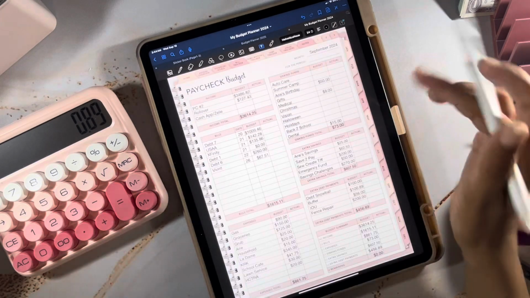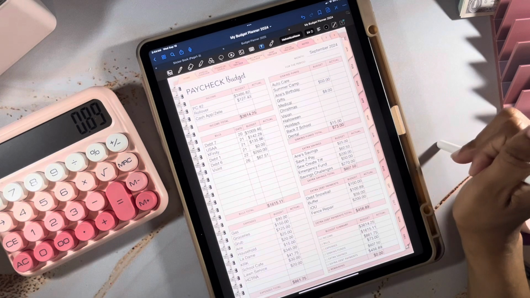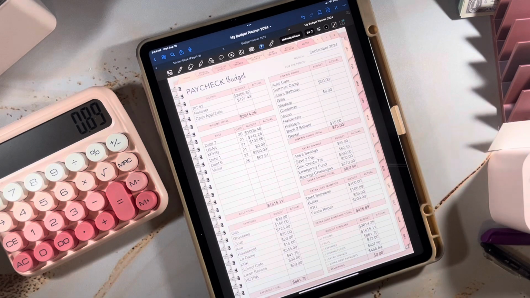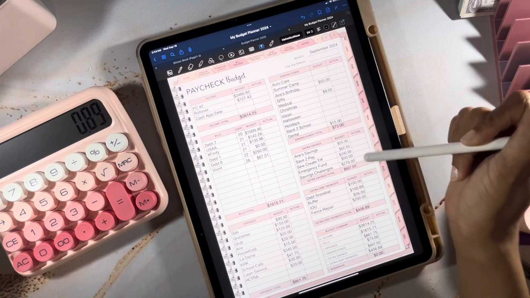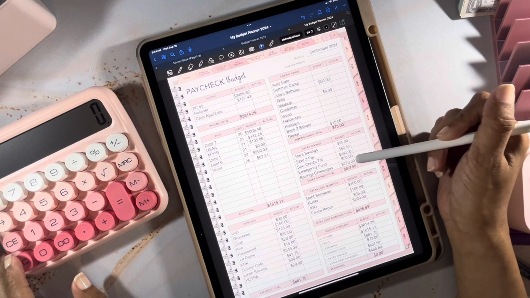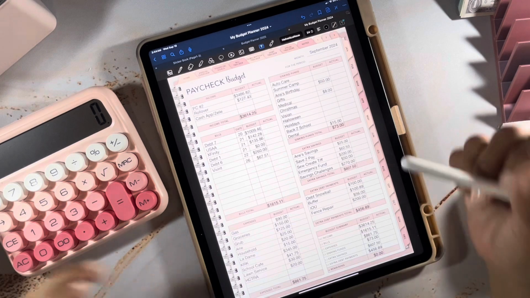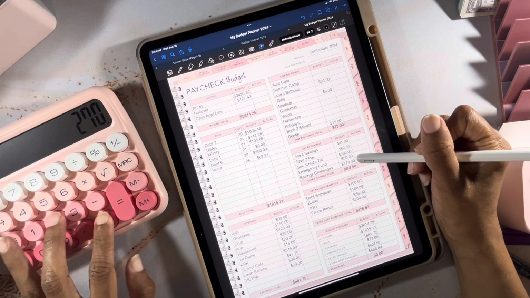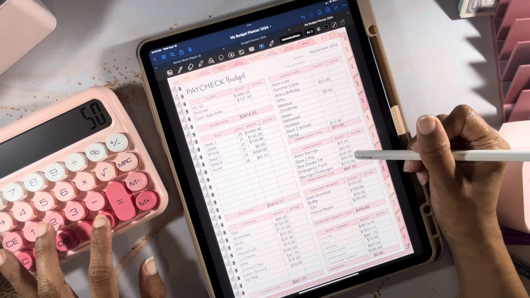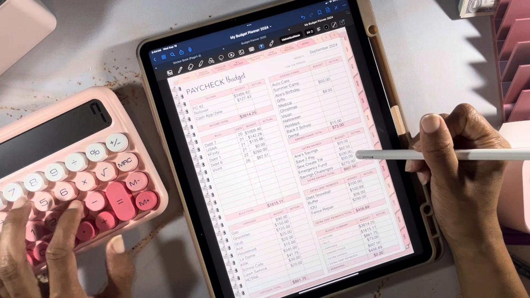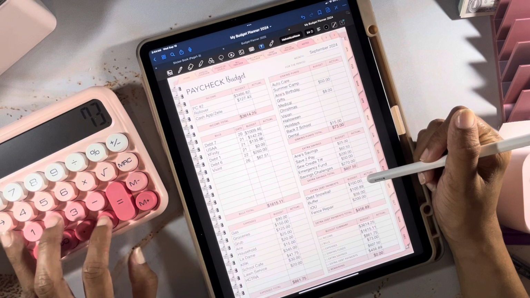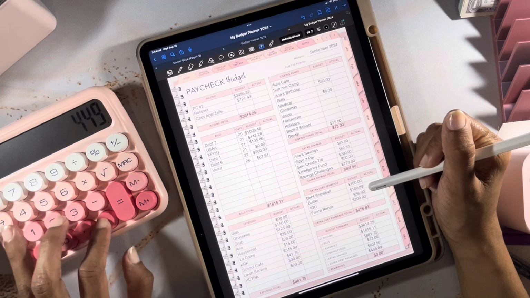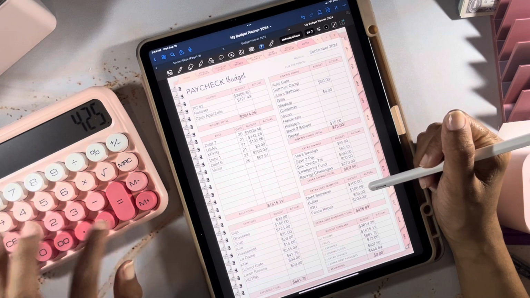So this is what my budget is going to look like for paycheck number 2. So now what I need to gather up is, I'm going to need to take out $270 plus 50 plus 73 plus 56 plus 425.